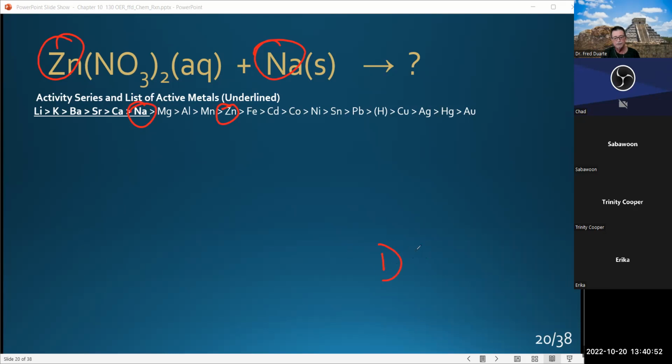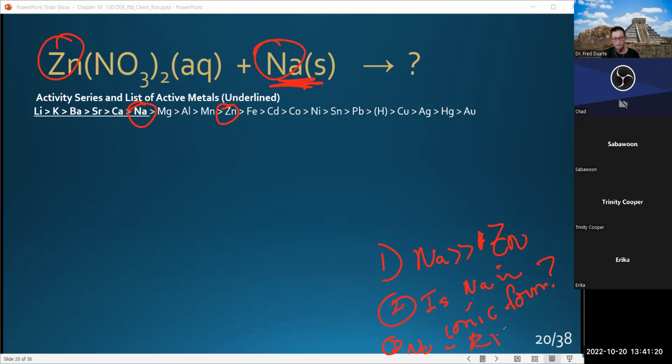Number one says that sodium is a lot more reactive than zinc. Question number two: is sodium in ionic form? Is it an ionic compound? It's not. It's in elemental form, so the answer is no.